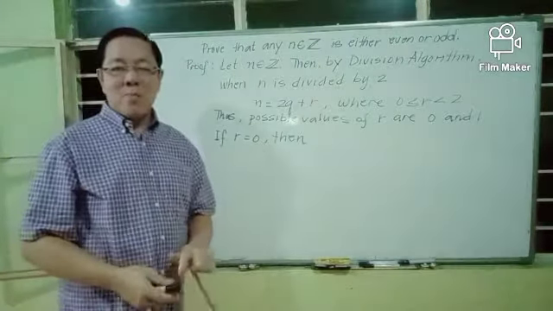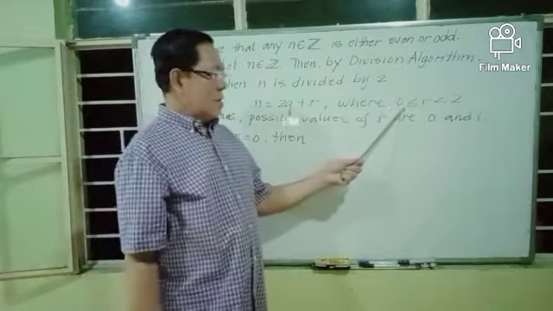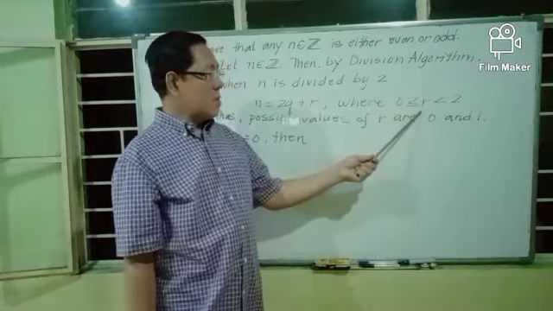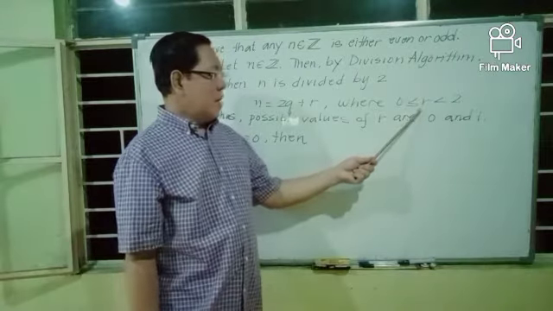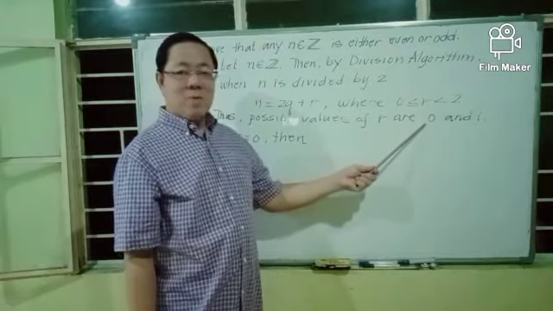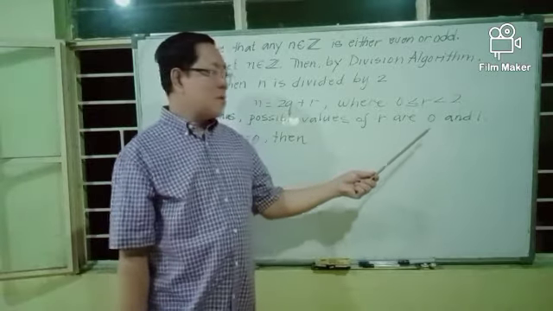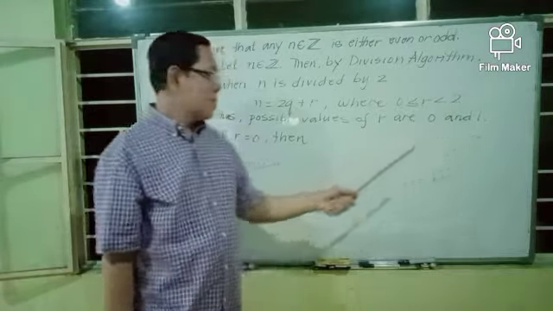There are two possible values of R as suggested by this inequality, which gives the restrictions for the values of R. And the possible values of R are 0 and 1. R can be either 0 or 1.